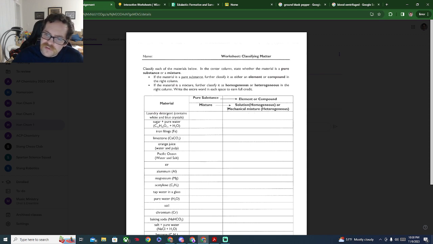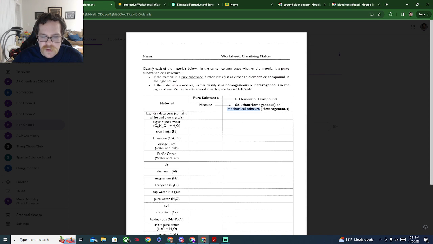One way you can tell if something is a heterogeneous mixture is if you can mechanically separate it, which is why we call it a mechanical mixture. For example, if I can physically separate the mud from the water with a strainer or a purifier pump, then that's a mechanical mixture.